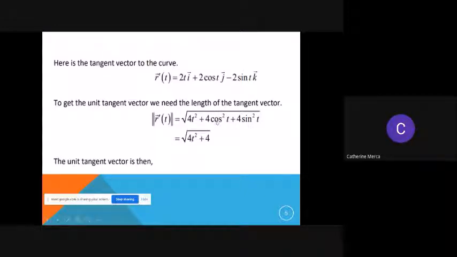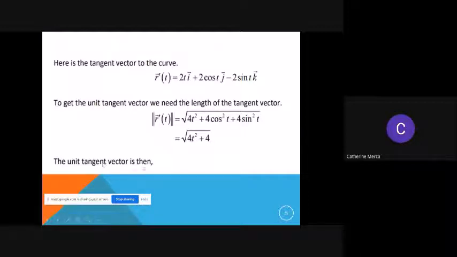But if you rewrite this, you factor out 4, then you will have 4 quantity cosine squared t plus sine squared t. But what is cosine squared t plus sine squared t? Di ba 1 siya? So you will have 4t squared plus 4 times 1, which is 4.